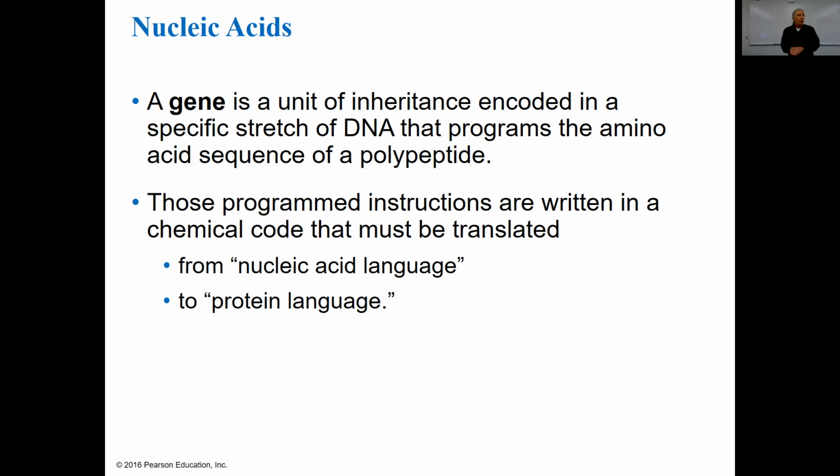So this is called gene expression or protein synthesis, making a protein from the instructions in a gene. And it consists of two parts, transcribing the gene, making an RNA copy of a DNA gene, and then translating it at the ribosome into an amino acid sequence. So there's two languages, nucleic acid language and protein language. That's called translation, because it's going from one language to another.